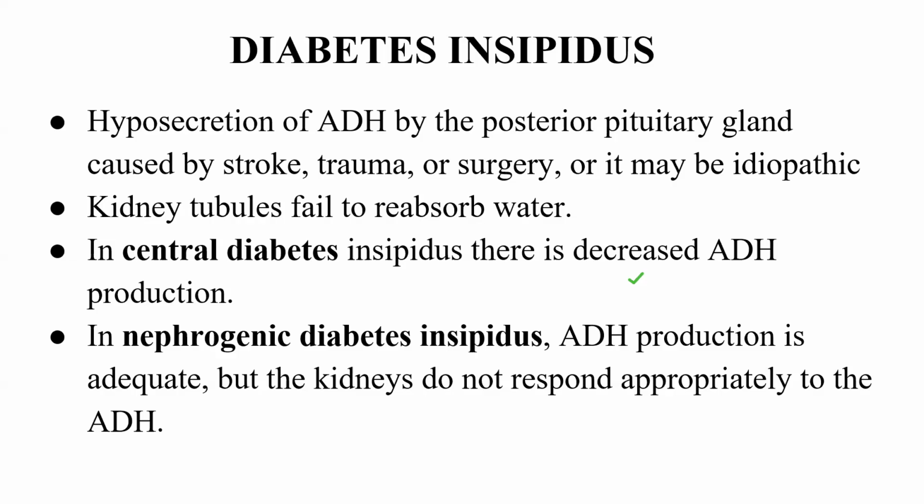That means there's a miscommunication between the production of the ADH and that of the what? The kidney. Let me recap. For central diabetes insipidus, the ADH is not produced at the appropriate amount; the amount being produced is low. But for nephrogenic diabetes insipidus, the ADH is produced adequately, but there's a miscommunication between the nerves and the kidney. That's the major difference there.